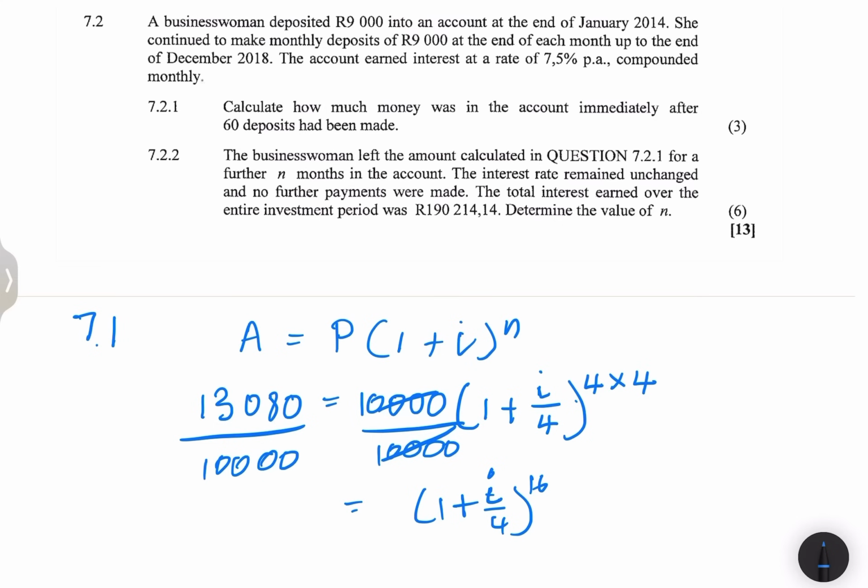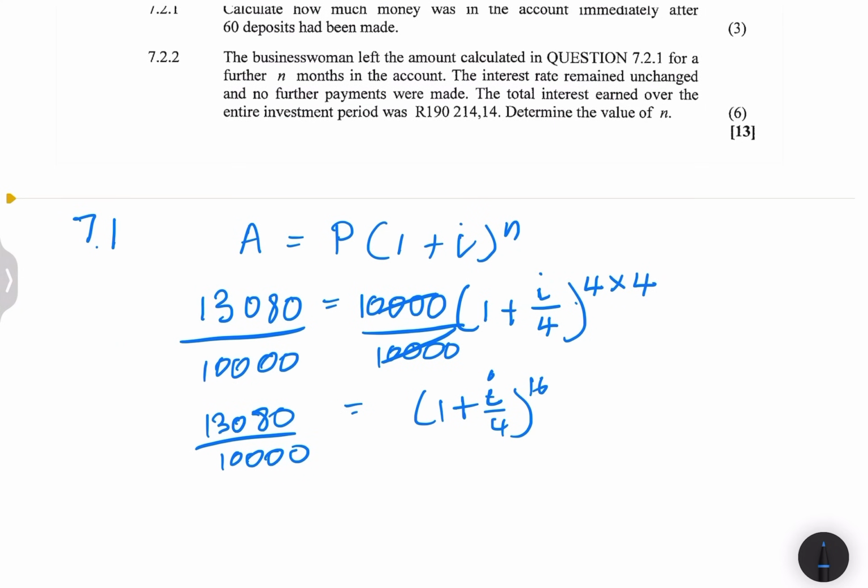Now, what I'm going to do is just leave this as is. That's 13,080 over 10,000. And I would sincerely ask you, ladies and gents, to try and work on your calculator as much as possible without initially rounding off.